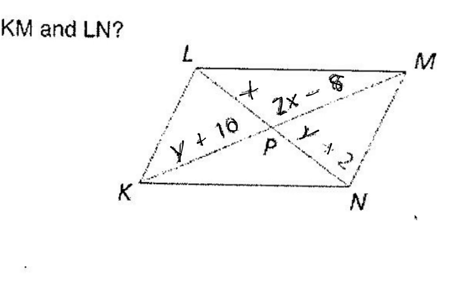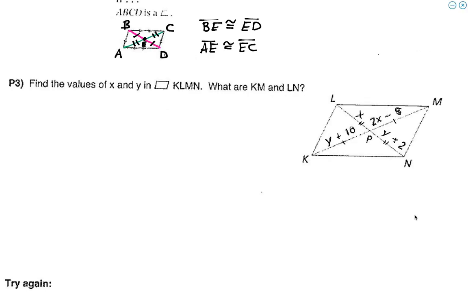And we have y plus 2. Congruent? Congruent. So that means y plus 10 is going to equal 2x minus 8. Now, we cannot solve that because we have two different variables that are involved.